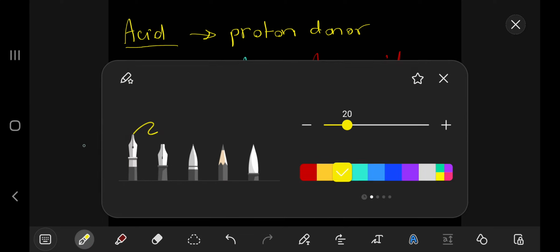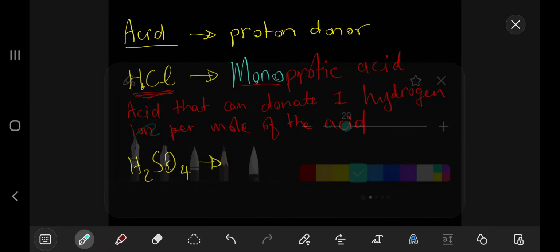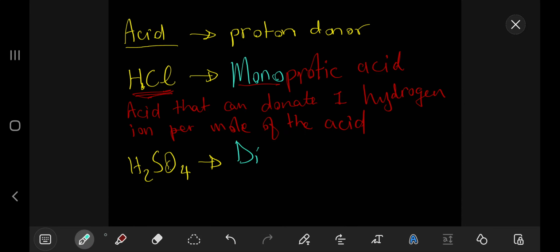So this one, we call it a diprotic acid. And why is it diprotic? This is because it can donate 2 hydrogen ions per mole of this acid.